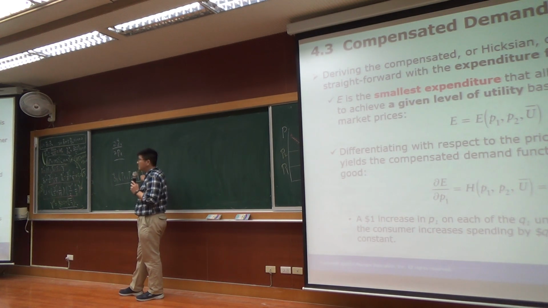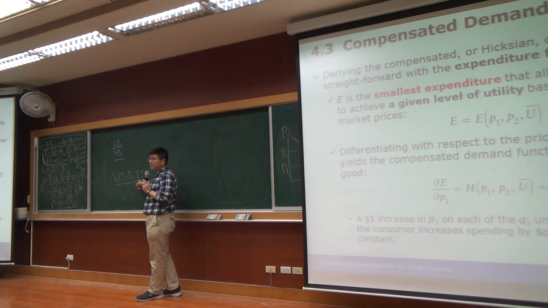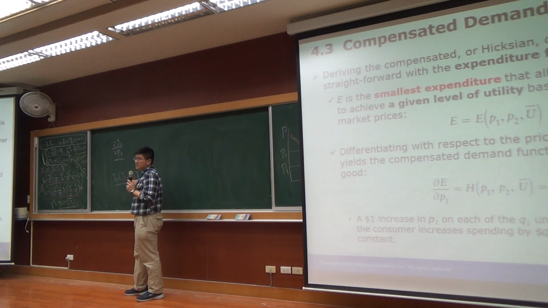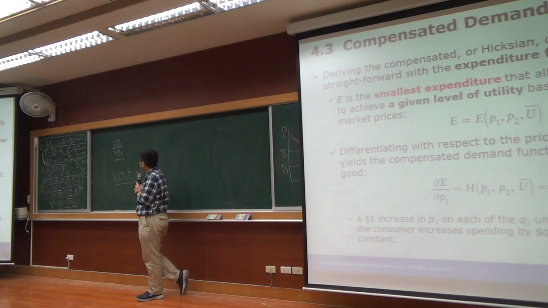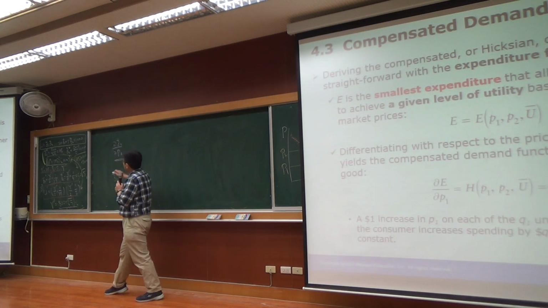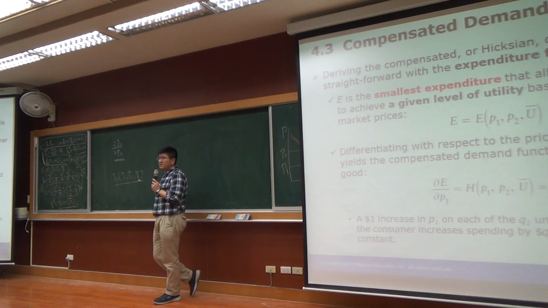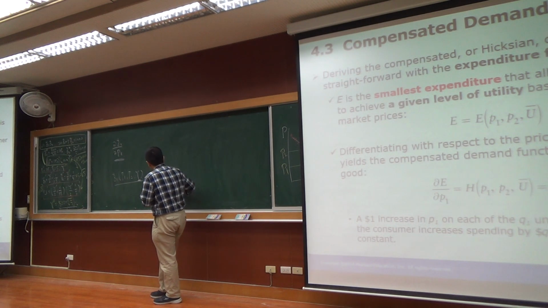So this is the Marshallian demand function, right? Do you remember this? With a fixed amount of money in your pocket and facing the market prices, right? So this is Marshallian, the Marshallian what? Demand function. And this is how the Marshallian demand curve responds.